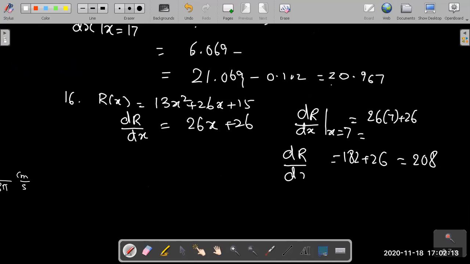So this is the marginal revenue. It's called marginal revenue, and the previous one was a marginal cost function.